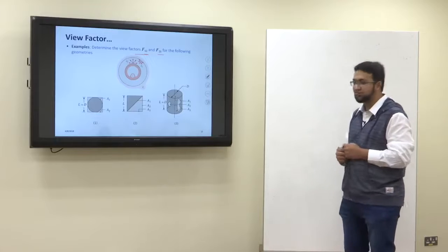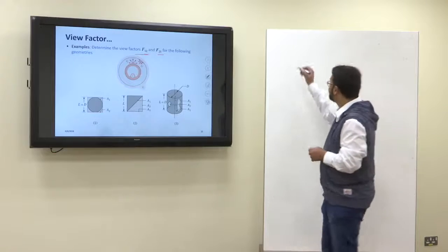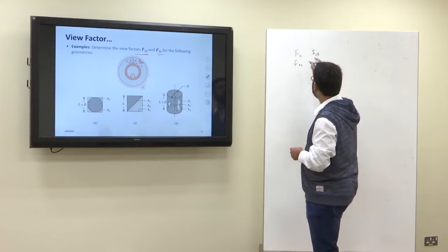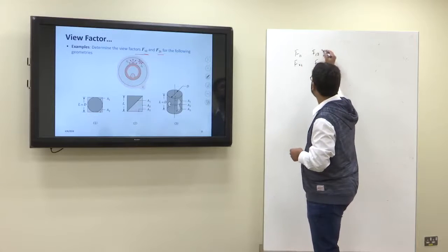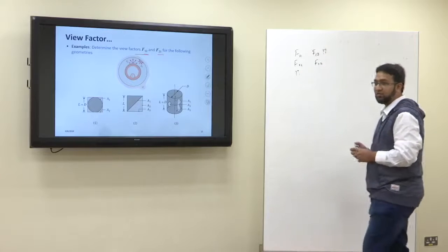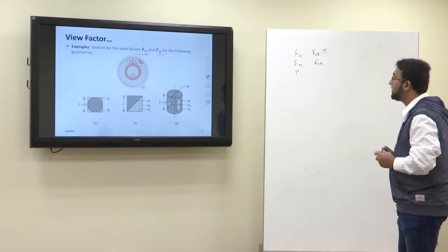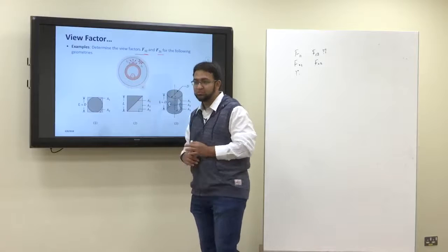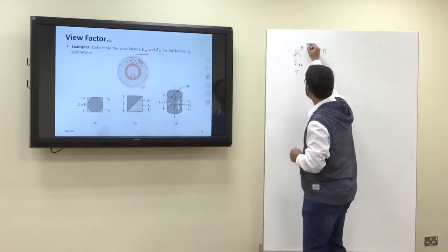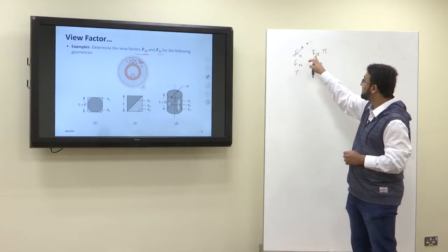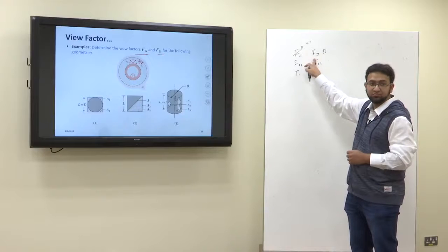Since we have 2 bodies, 1 and 2, we have F11, F12, F21, F22. We need to determine F1 to 2, and F2 to 1, right? So let's talk about the first body. This is body 1. F1 to 1 is 0 in this case. One thing we also know is that F1 to 1 plus F1 to 2 must be equal to 1.